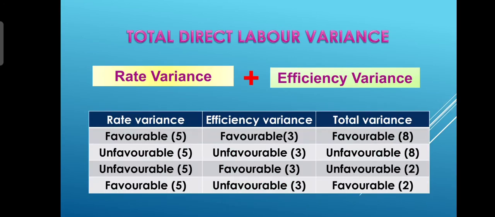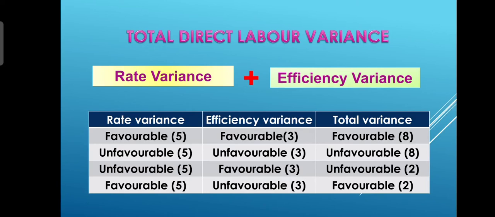How to determine the favorable or unfavorable for total direct labor variance? If the rate variance is 5 favorable, efficiency variance is 3 favorable, total variance will be 8 favorable. If rate variance is 5 unfavorable, efficiency variance is 3 unfavorable, total variance will be 8 unfavorable.